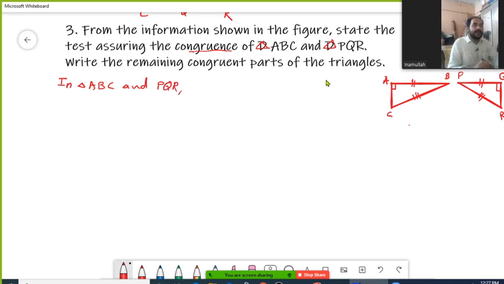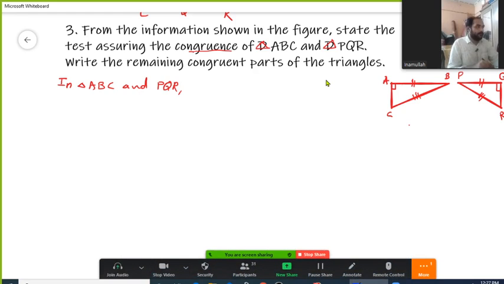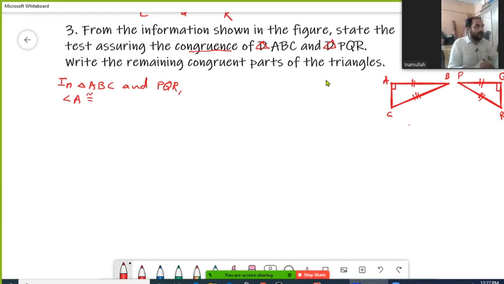First, I'll take three corresponding either sides or angles which are already mentioned as congruent in our figures or in the question. So as I can see, angle A is equal and congruent with angle Q. So I'll mention those two angles.